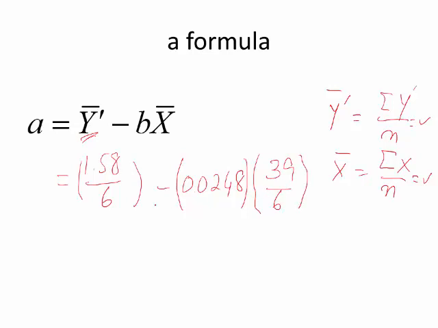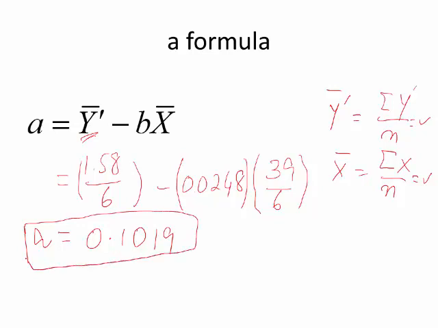Multiply these and then subtract from the first value. It will convert into 0.1019. This is my value of a.